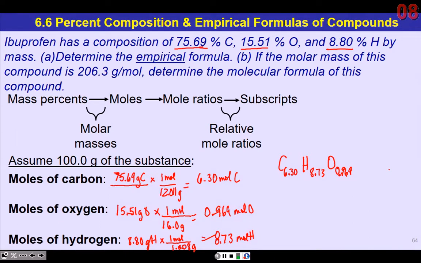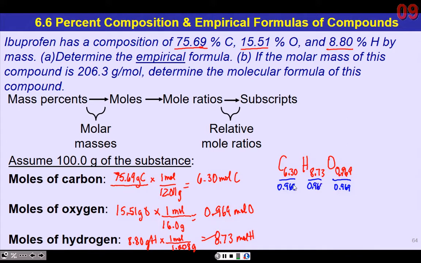If you think back to the example I showed you before, what shall we do next? The best strategy is to take each of these coefficients and divide them by the smallest of the choices provided. That would be this 0.969, and that will make oxygen come out to be the integer 1. Divide each of the other ones by 0.969 and see what that gets you.